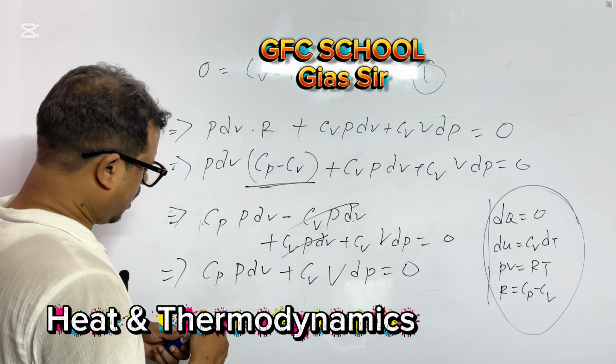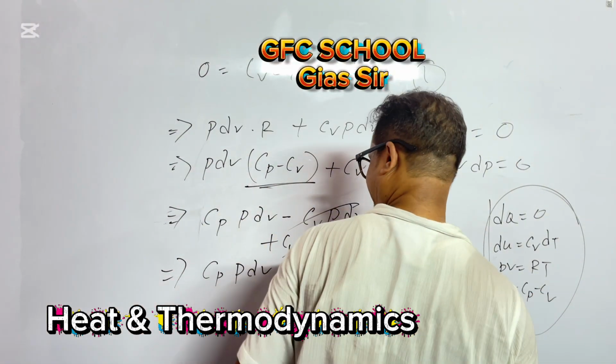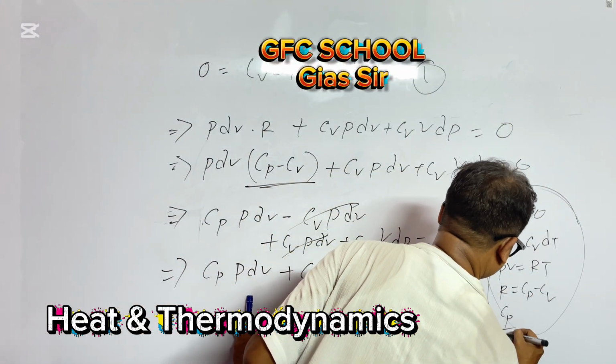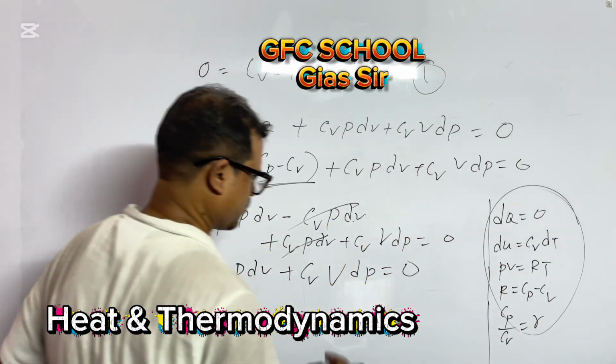Anyway, if we divide both sides, guys, here we have to remember another formula, that is Cp upon Cv equals gamma. This line we have to know, and we have to remember.